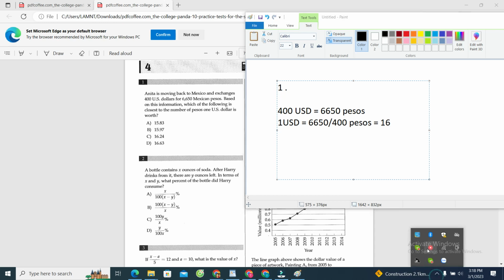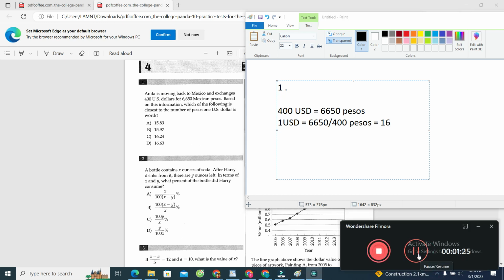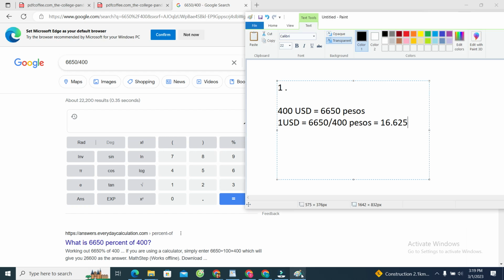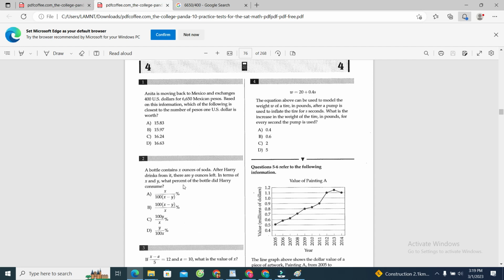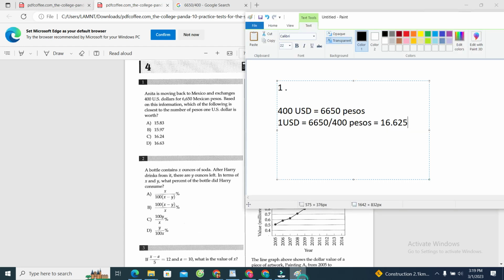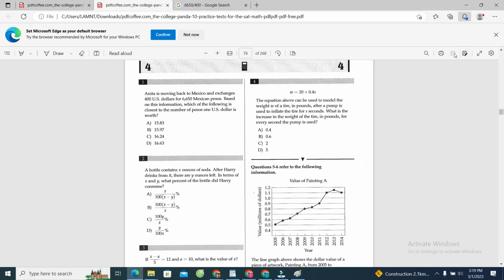So we just put it in the calculator and calculate it out. So the answer is 16.625. So the closest to it is 16.63, right? So the answer is going to be D.